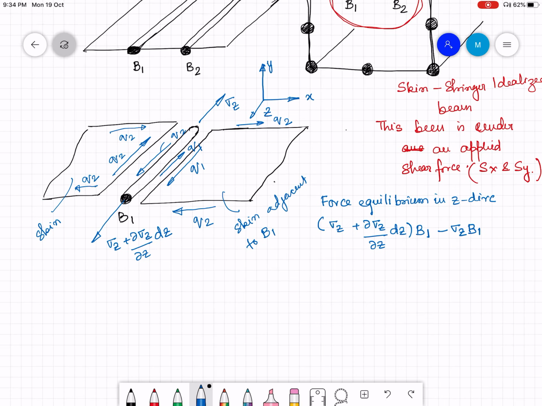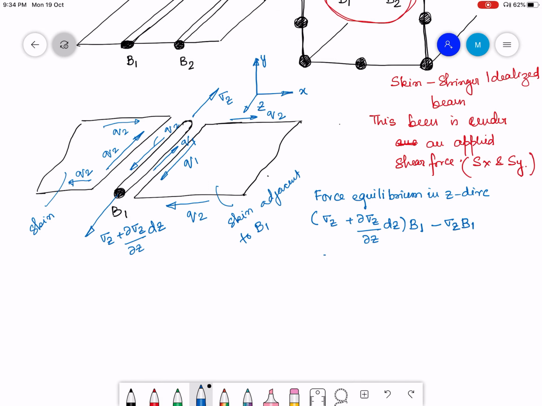That is the direct stress part, and then I am going to have Q2. Q2 is the shear flow, so that is shear stress into thickness. To get force, I have to just multiply this by dz. This is in the positive z direction, and then I have Q1 into dz, that is in the negative z direction, and this is equal to 0 for equilibrium.